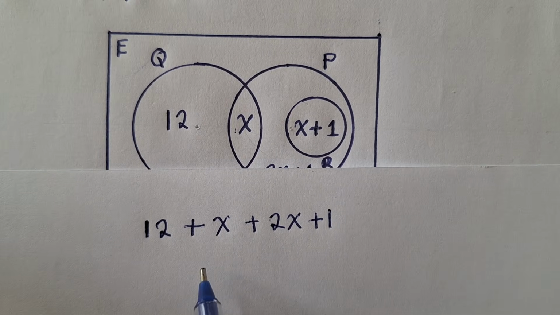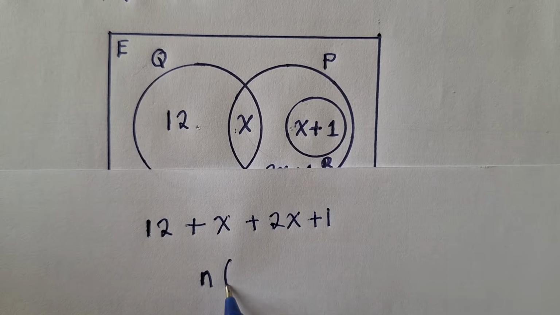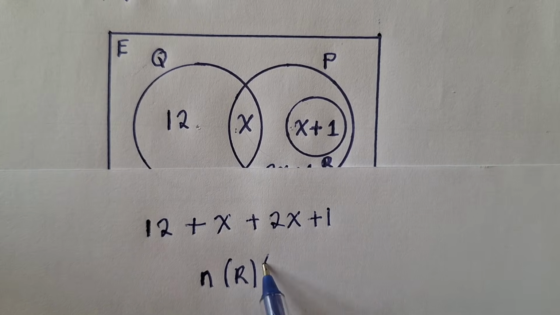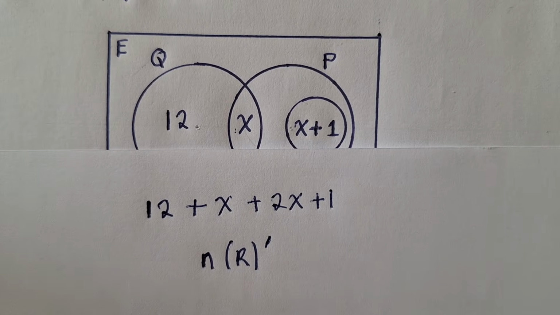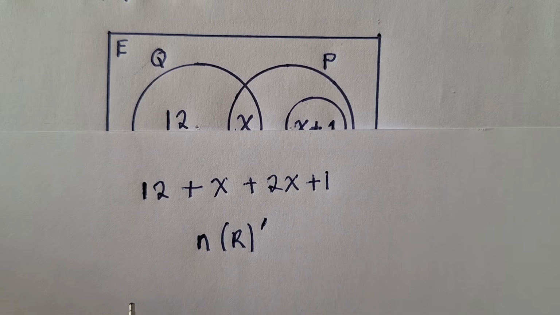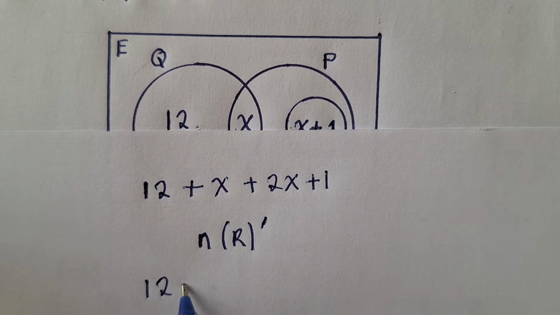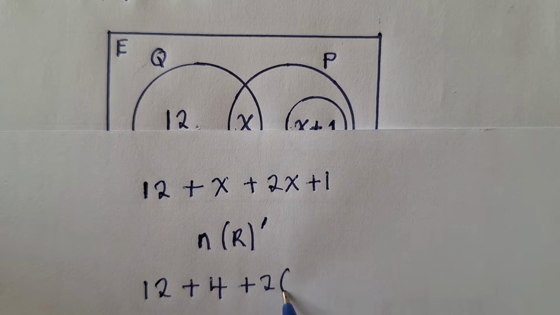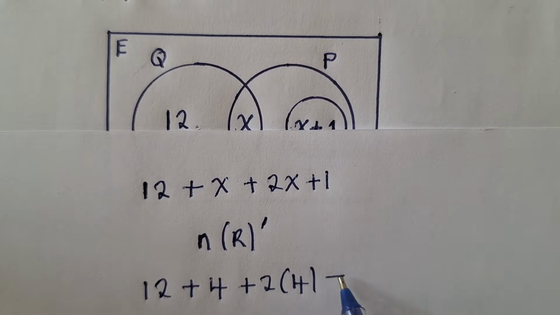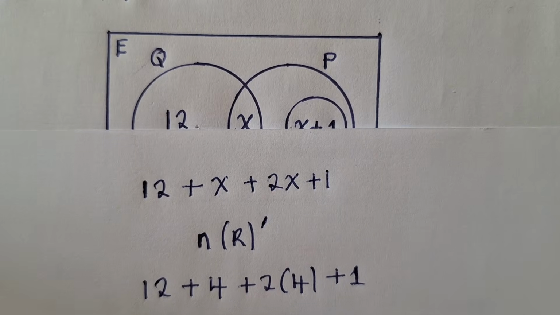And what we want to find is N of R complement. So we can substitute 12 plus 4 where X is, plus 2 times 4 plus 1.